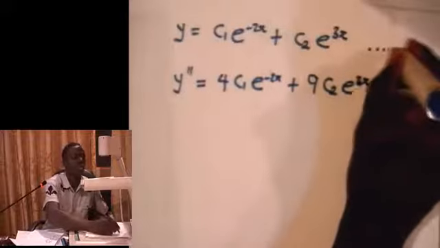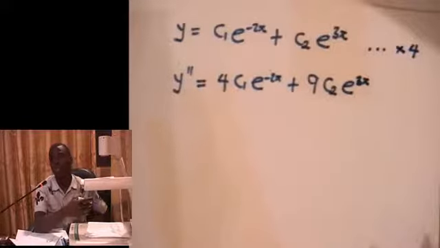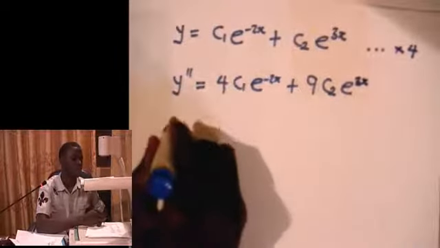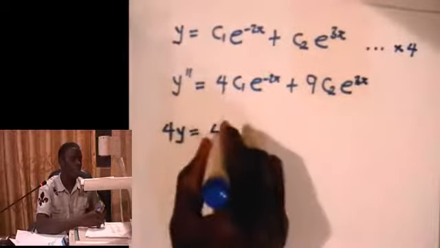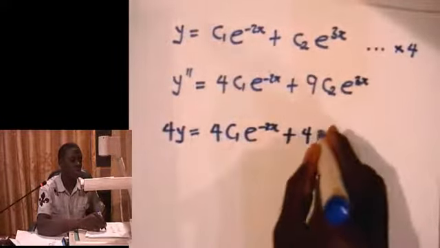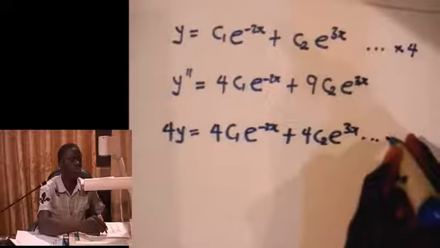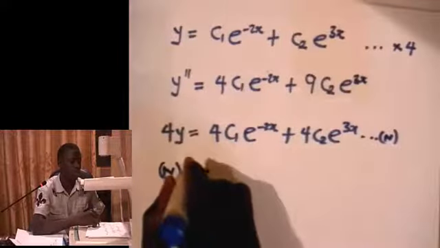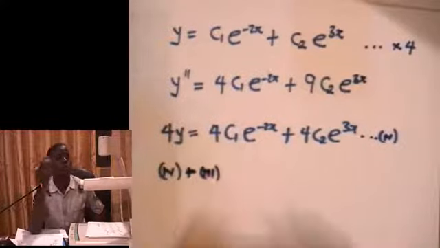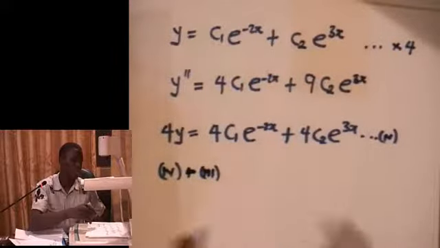So multiply equation 1 by 4, so I can eliminate c1. This is a simple elimination method for solving simultaneous equations. So we have 4y equals 4 c1 e raised to power minus 2x plus 4 c2 e raised to power 3x. Let's call this equation 4. Then equation 3 minus equation 4, just to eliminate where we have c1.